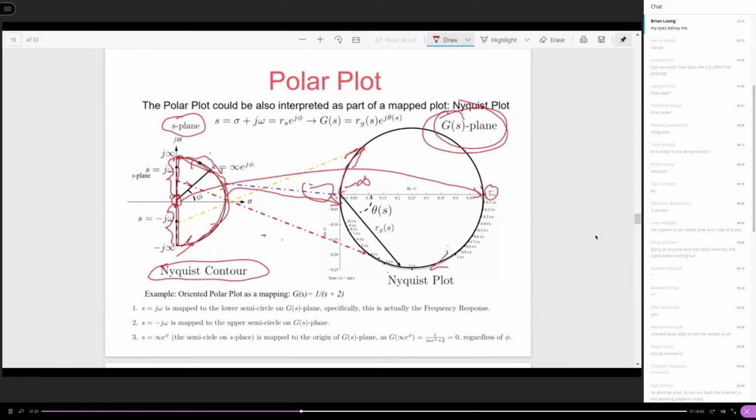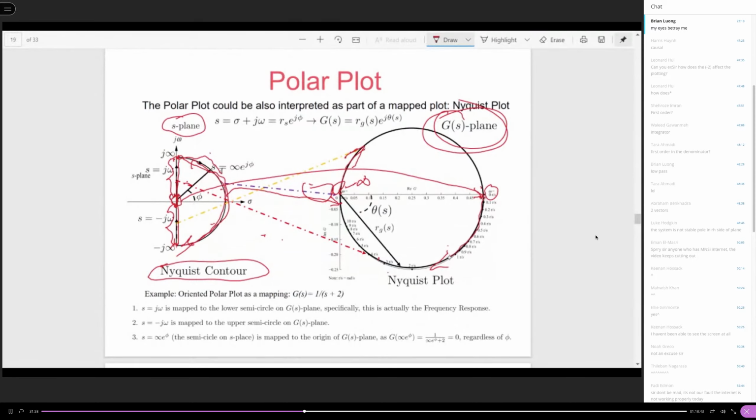So from 0 to infinity, and then this process is completed from minus infinity to 0, which is this part, and then it keeps going from 0 to j infinity.